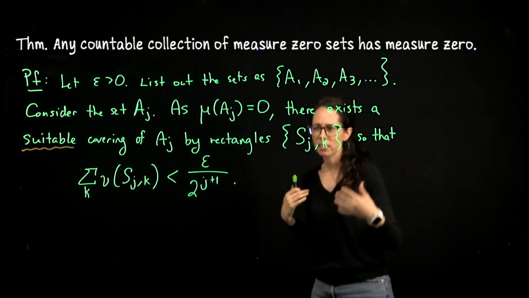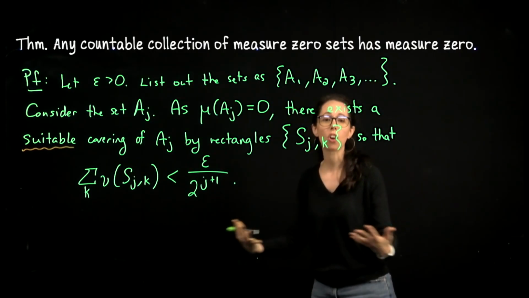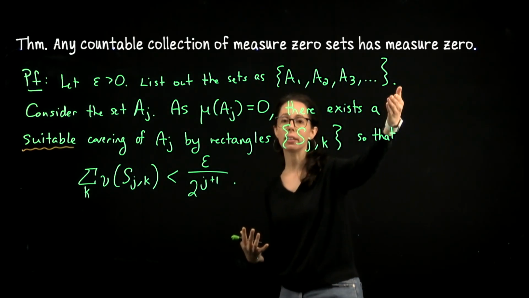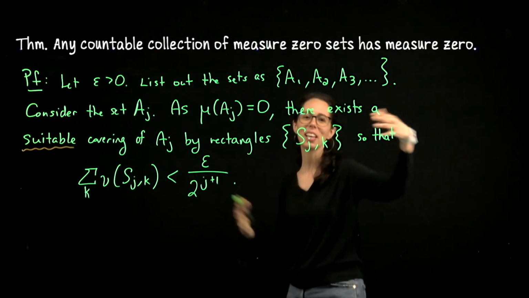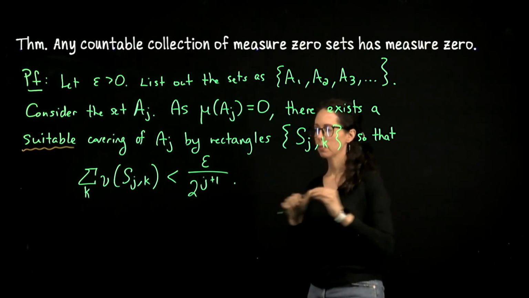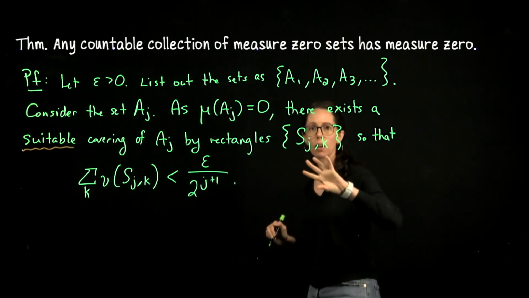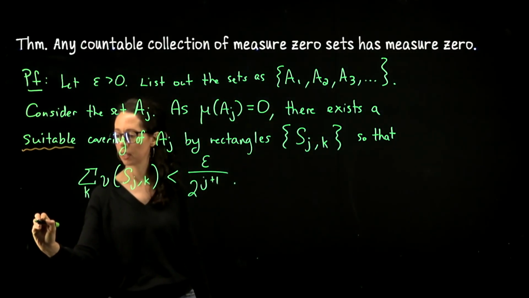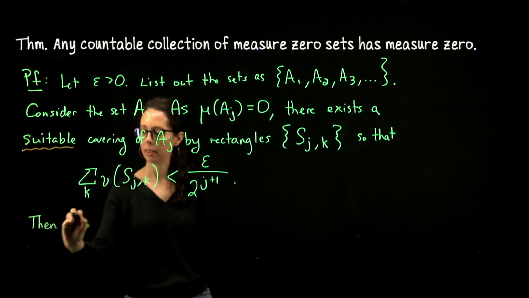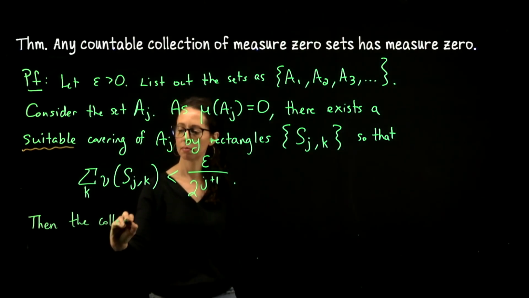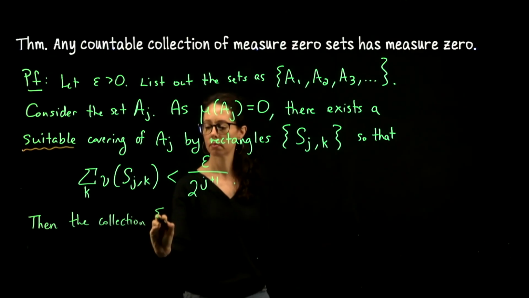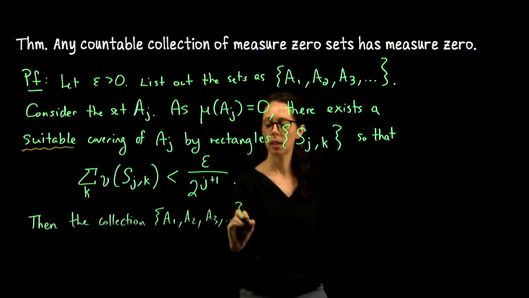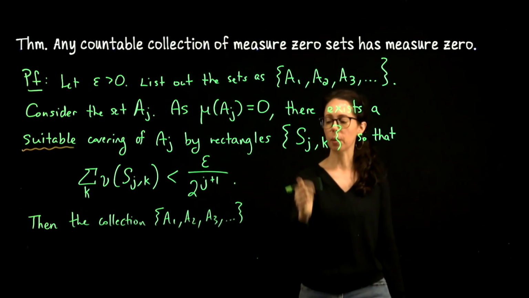All right, there's not much else for us to do except gather all of these rectangles together. So here's a family for the jth set, but we have countably infinitely many of these sets. Just consider all of the rectangles. So for all of these sets in the collection, the collection that we're looking at is covered by the union of all of these families.